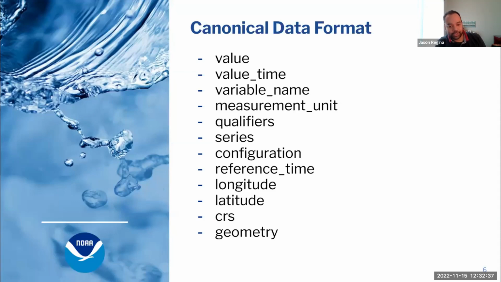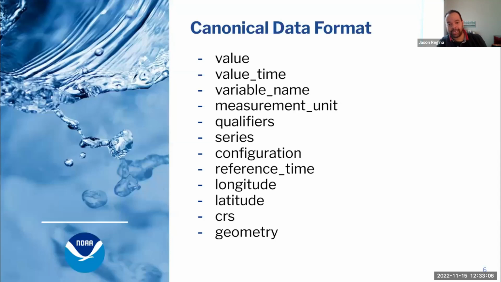The next issue we ran into as we started simplifying things was that we needed some type of canonical data format, right? We had chosen data frames as our default way of passing data between packages. But with data frames, you need a standard to name columns and a standard for the data types associated with those columns.